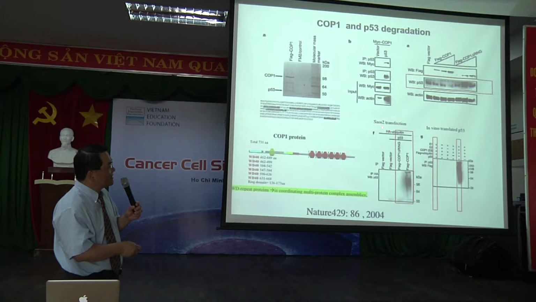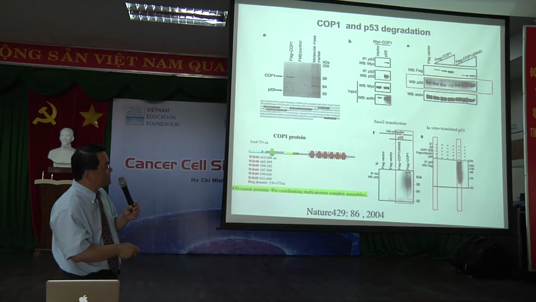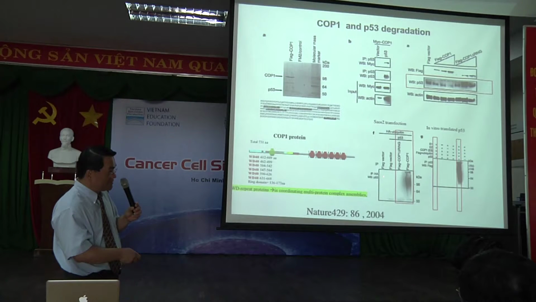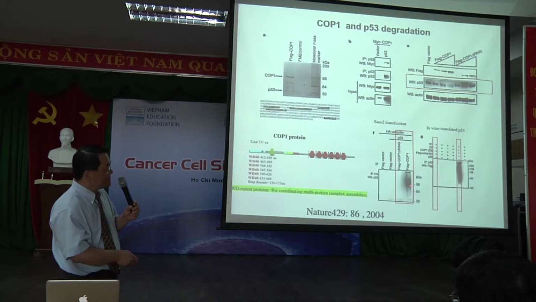Okay. For P53, do the ubiquitination experiment. If you transfect the cell with P53 plus HA-ubiquitin plus COP1, and look at the immunoprecipitation of the ubiquitinated form of any protein, blotting with the anti-P53 antibody, you see the P53 ubiquitination.